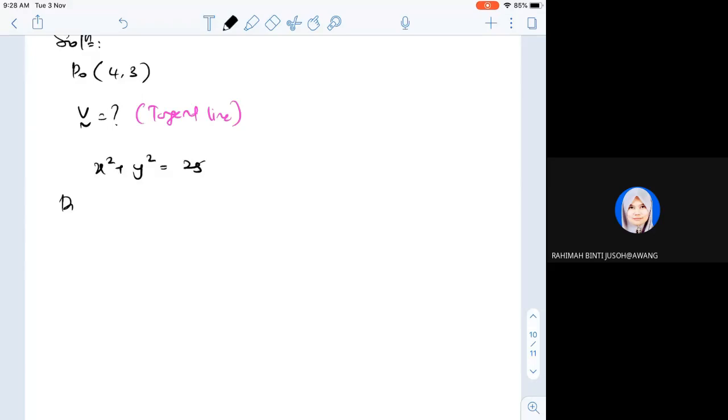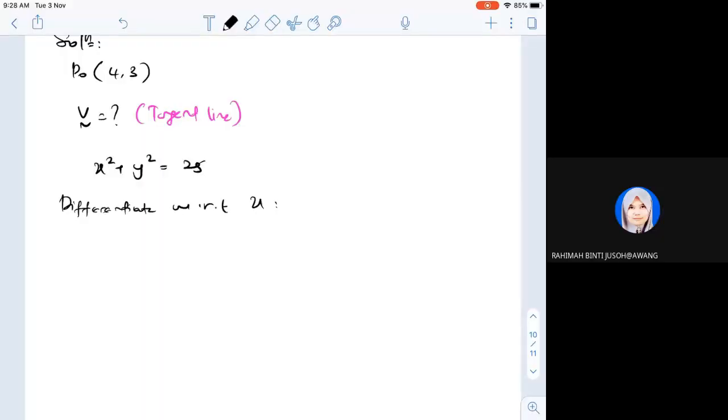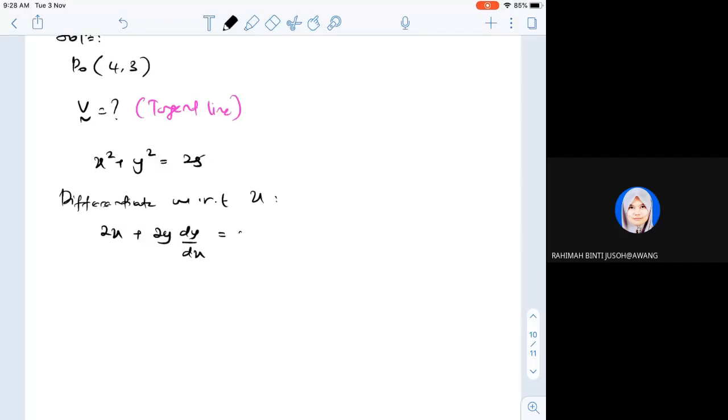So differentiate with respect to x. Differentiate x squared, we get 2x. Differentiate y squared, we get 2y dy dx. And then differentiate 25, we get 0.